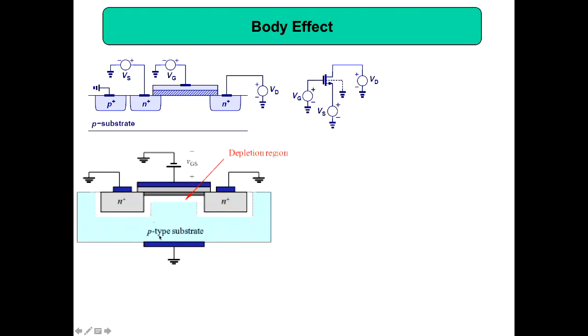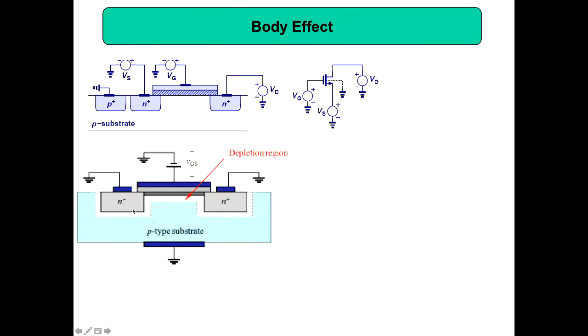Here, earlier it was floating. In the real design, when you design the chip, they will ground this P substrate. So when you ground this P substrate, this is an NMOS. See, the P region you have grounded, and the N region again you have grounded. Because this is a PN junction, you get a depletion region.